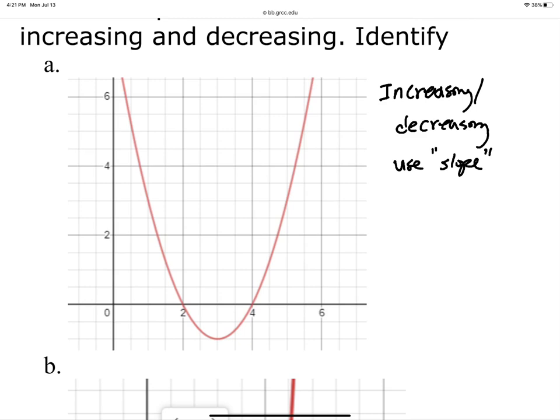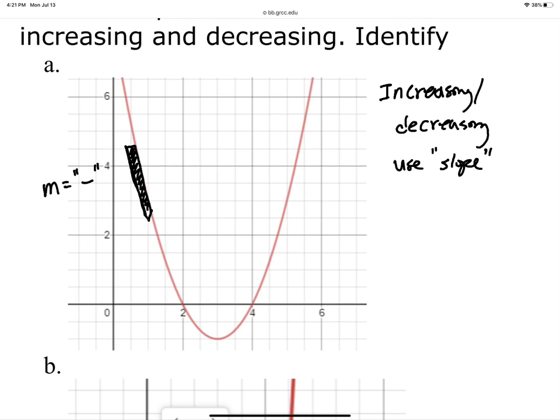We put it right on the graph. Notice it is pointing down. If you treat this pencil like a line, the slope of this pencil is negative, so this part of the graph is decreasing because the slope is negative.